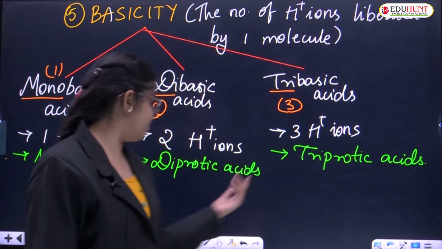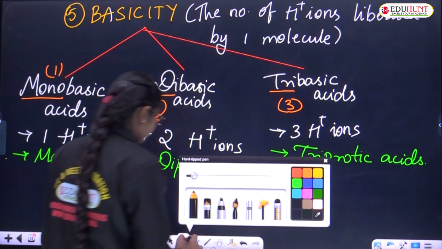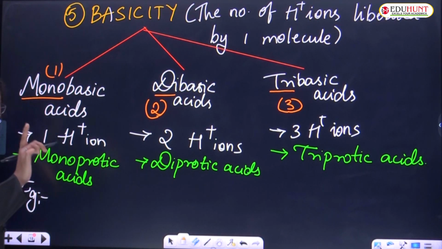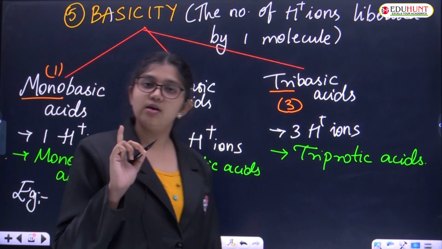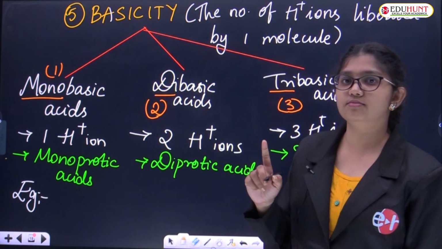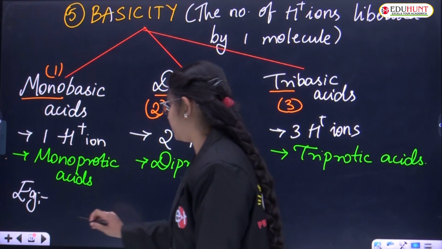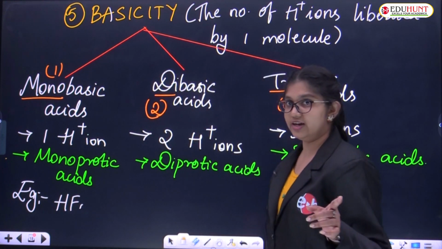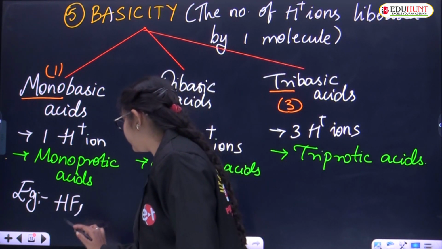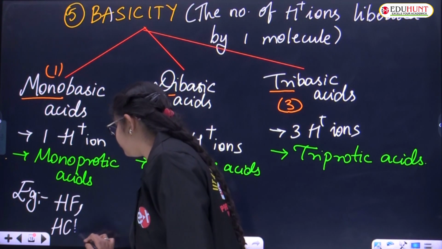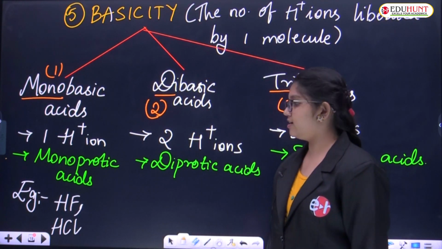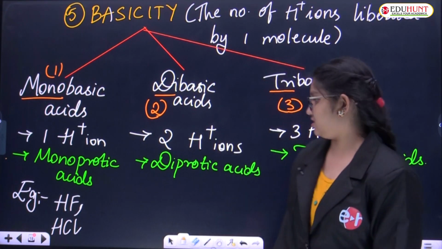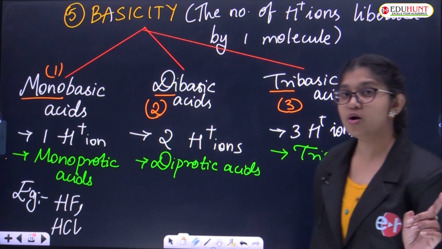Very good. Come with examples now. Monobasic acids should liberate only one H plus ion by one molecule. Here it is HF, it liberates only one H plus, right? Very good. And HCl we can write. Hydrofluoric acid and hydrochloric acid are examples of monobasic acids, also called monoprotic acids.